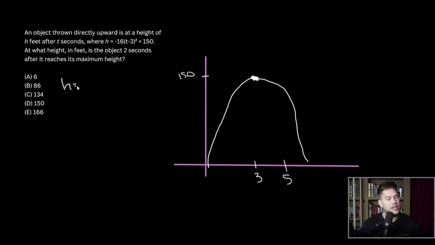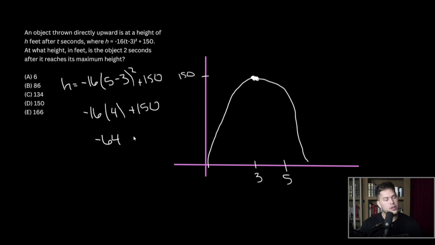So our height is equal to -16 times (5 minus 3) squared plus 150. So this is -16 times 2 squared, which is 4, plus 150. This is -64 plus 150, and this is 86. So our answer is choice B.